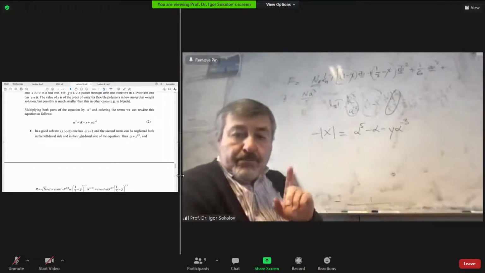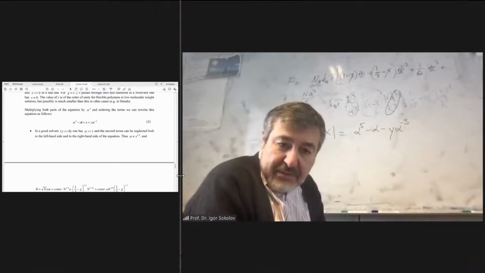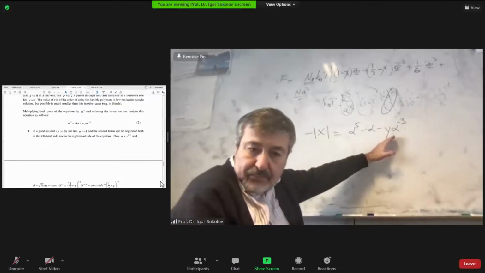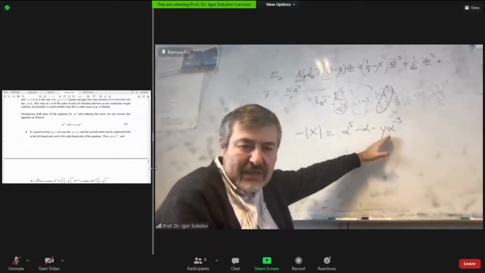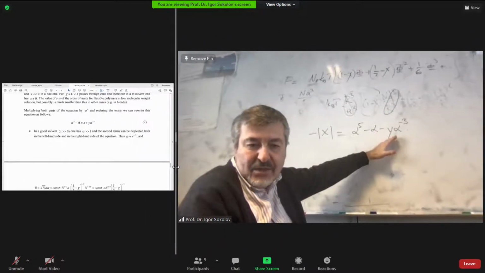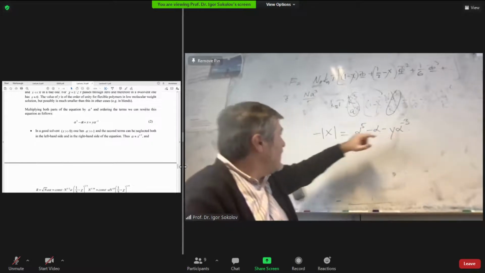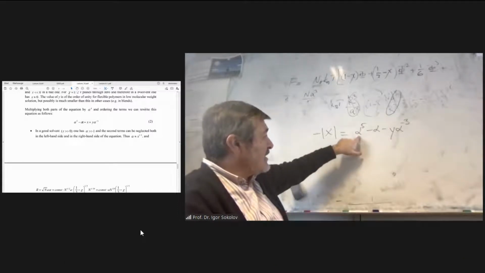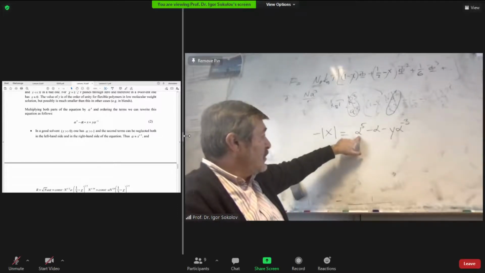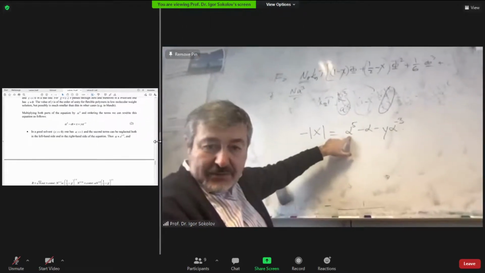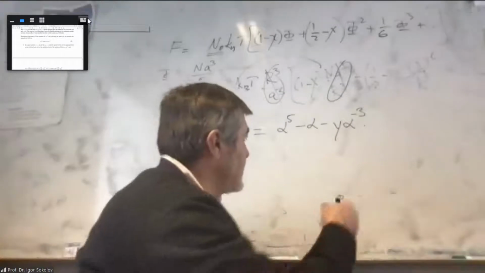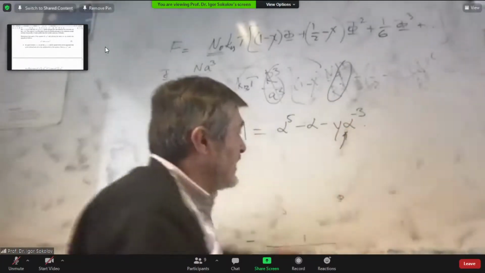Alpha is always positive, because the size of the chain cannot get negative. y is a number, 1/6 or maybe smaller, a positive number for the solvent. This is huge and negative. If I take this huge and negative, it means that alpha is negative, which is forbidden. So the only way to have something huge and negative on the right-hand side of this equation is to take alpha small and positive.